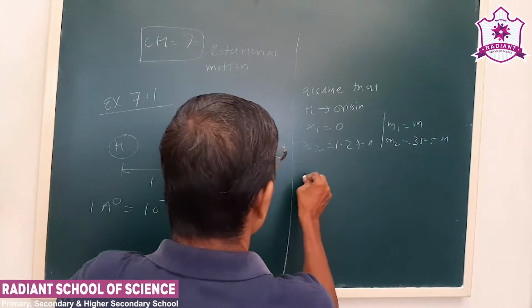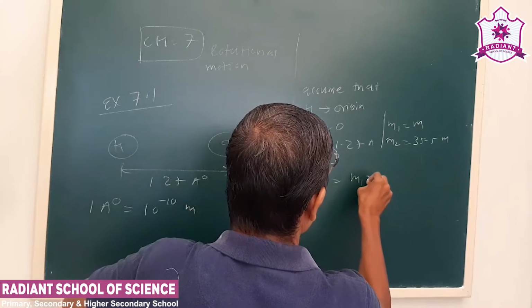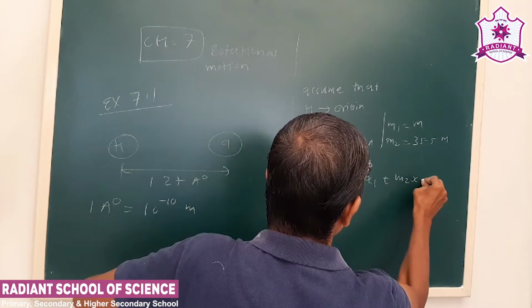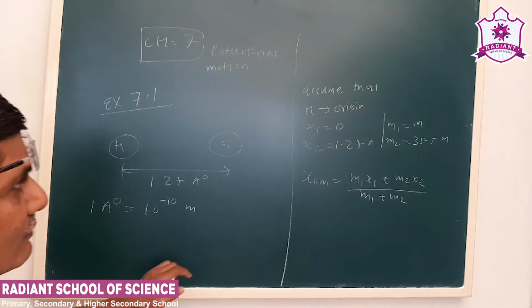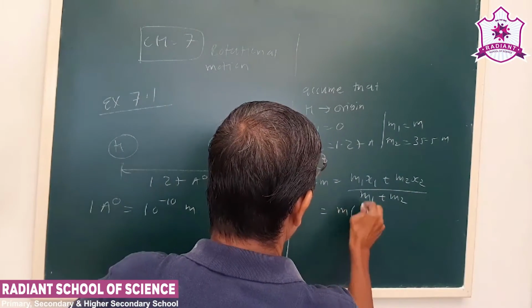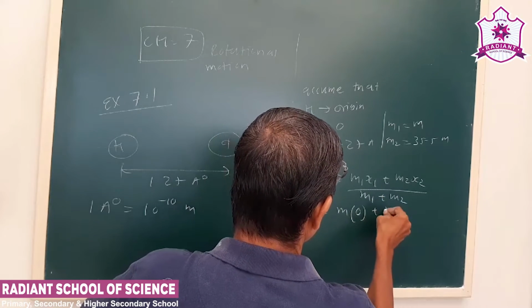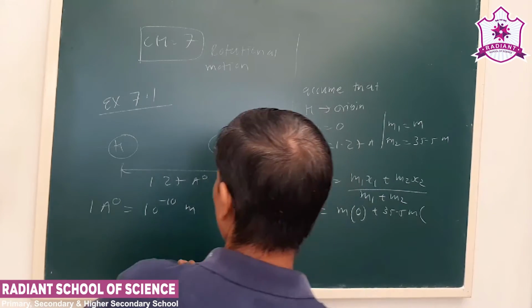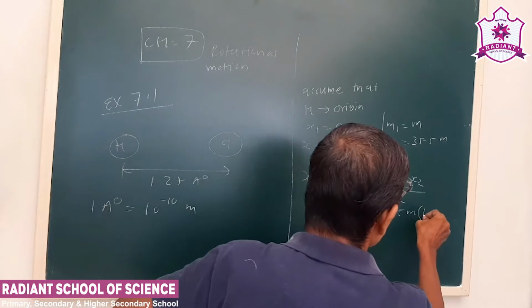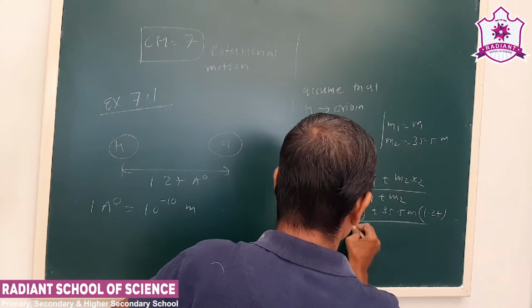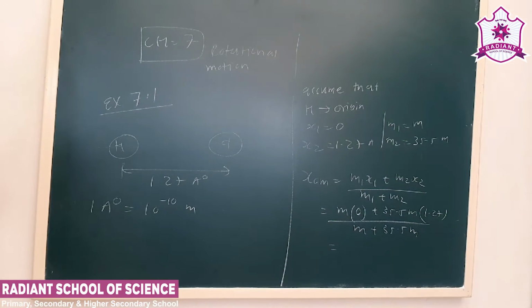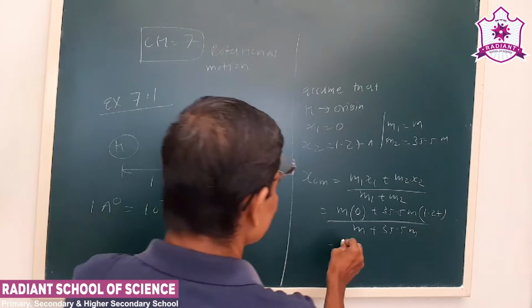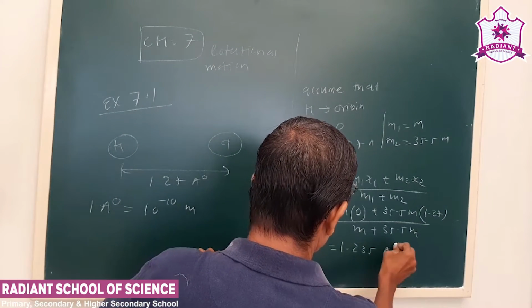So the center of mass x_cm will be (m1 x1 plus m2 x2) upon (m1 plus m2). Now x1 is 0, m2 is 35.5 m, and x2 is 1.27 angstrom, over m plus 35.5 m. Here m will be cancelled, and if we solve it, it will be 1.235 angstrom.